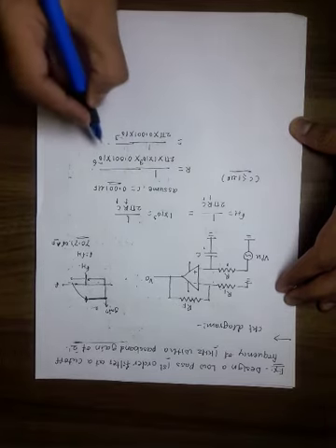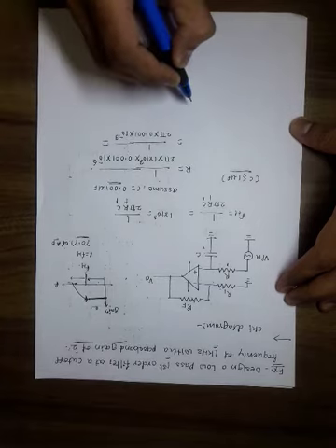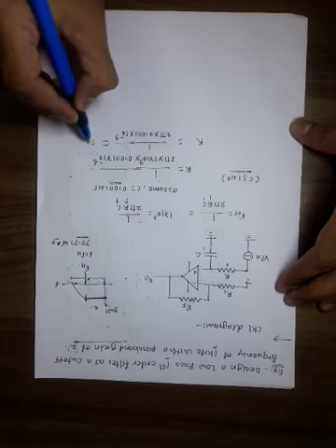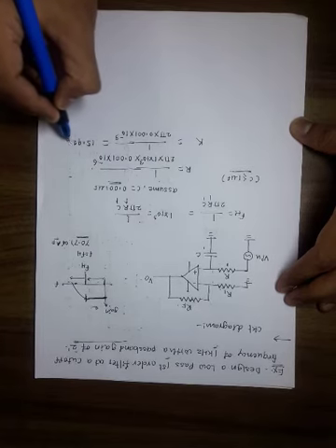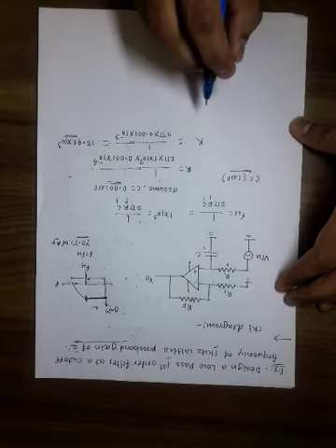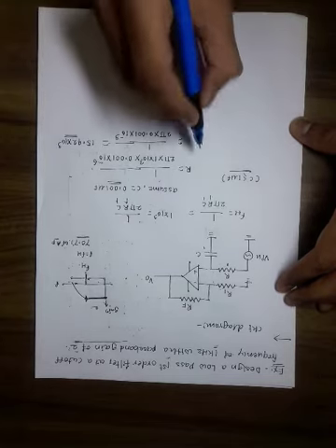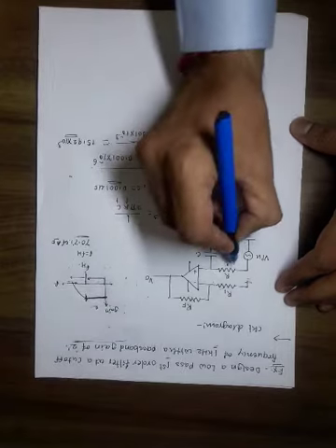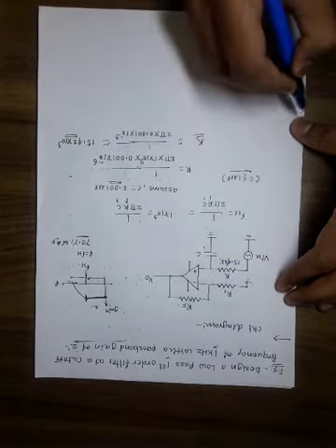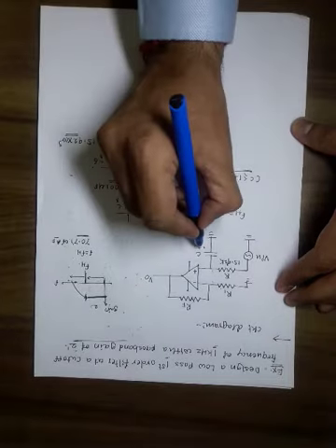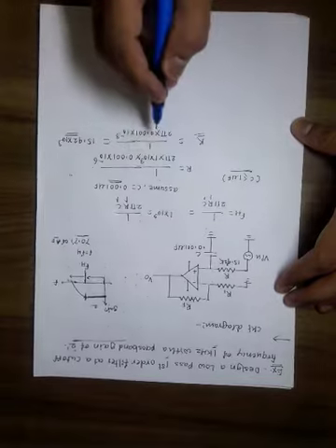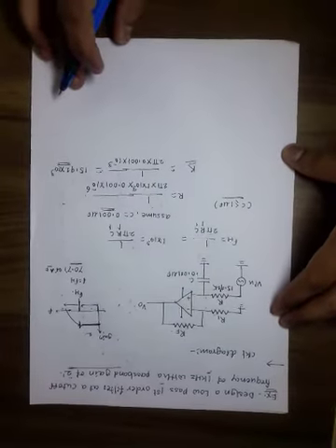Calculating, R is about 15.92 into 10 raised to 3, that is 15.92 kilo ohm. This is the value of R. Write down here R equals 15.92 K, with C assumed as 0.01 microfarad. These two we have determined.